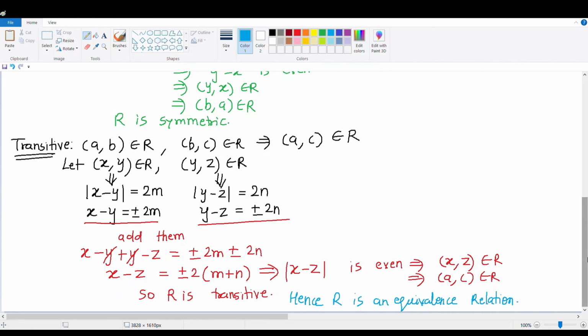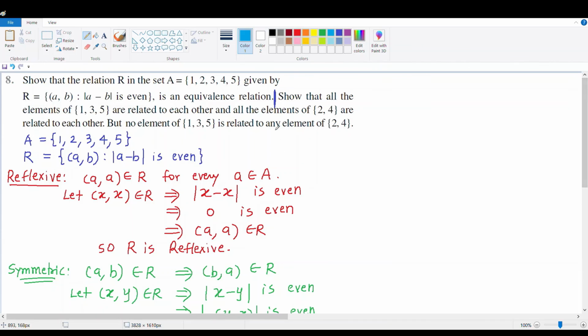Now we are going to do the second part of the question. So the second part of the question was what? That you were given, show that all the elements of 1, 3, 5 are related to each other.